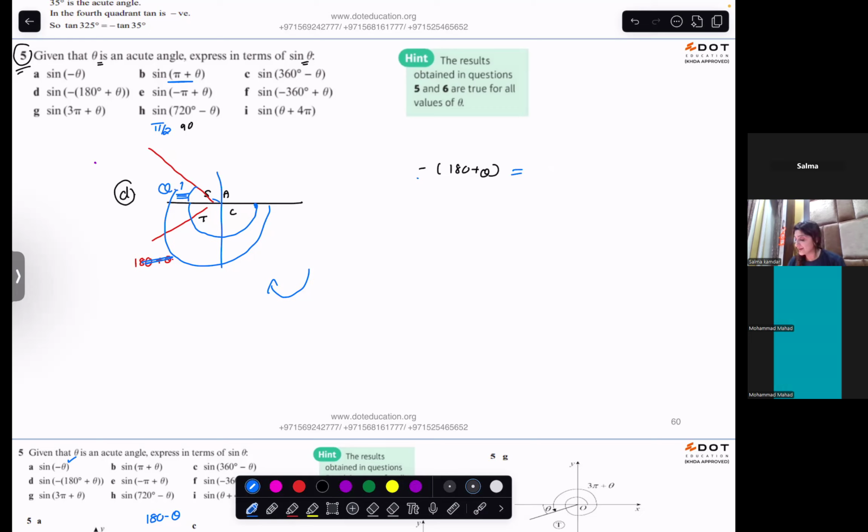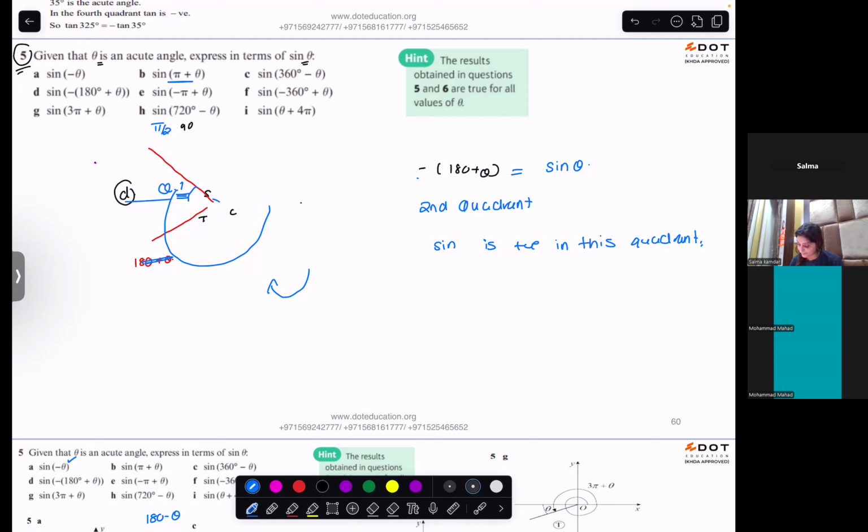So sine of minus 180 plus theta is equal to sine theta, because it is in the second quadrant and sine is positive in this quadrant. I hope you understand this.